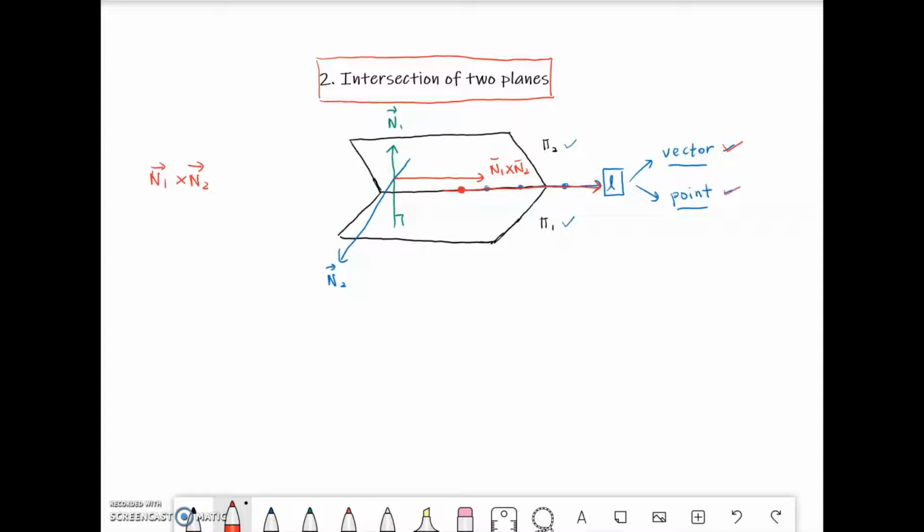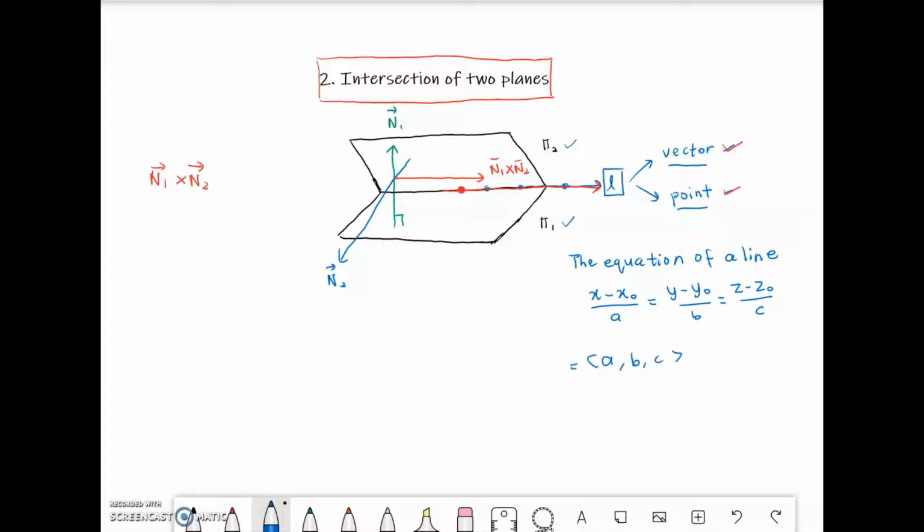Once we have this point and this vector, we can get the equation of the line, which is x minus x naught over a equals y minus y naught over b equals z minus z naught over c, where a, b, and c can be obtained from the vector that is the cross product of n1 cross n2, and the point x naught, y naught, and z naught lies on the line L.